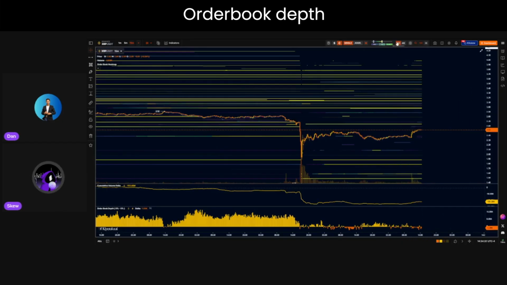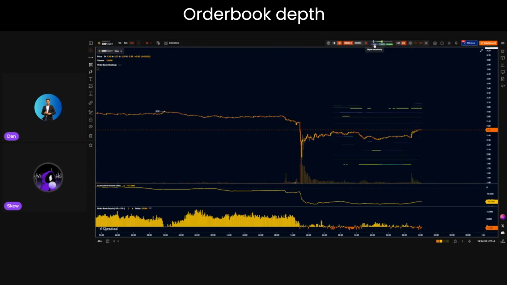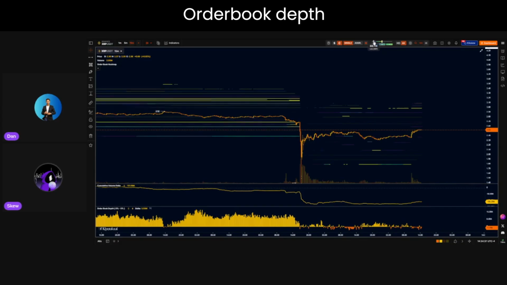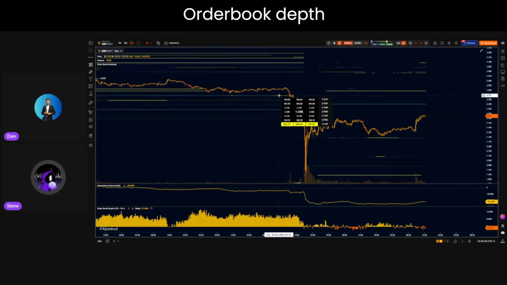Cool. And you can actually customize it, which is super cool, by the quantity. So this is 440k XRP, and you basically just customize it to see the most important levels in the market. So it's not too noisy, but you see high liquidity, which is what you want to see. It's like a mil XRP.